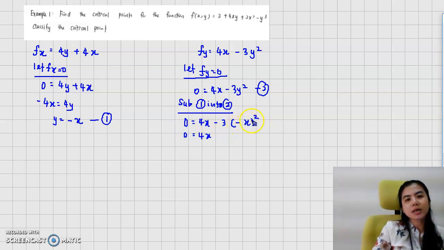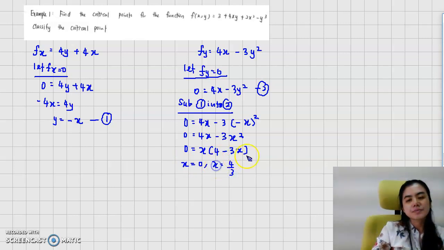So minus x squared gives positive x squared, and multiplied with minus 3, you have minus 3x squared. Again, you can do the factorization. You can factor out the x, so we have x times 4 minus 3x. So at the end, we have x equal to 0 and x equal to 4 over 3.